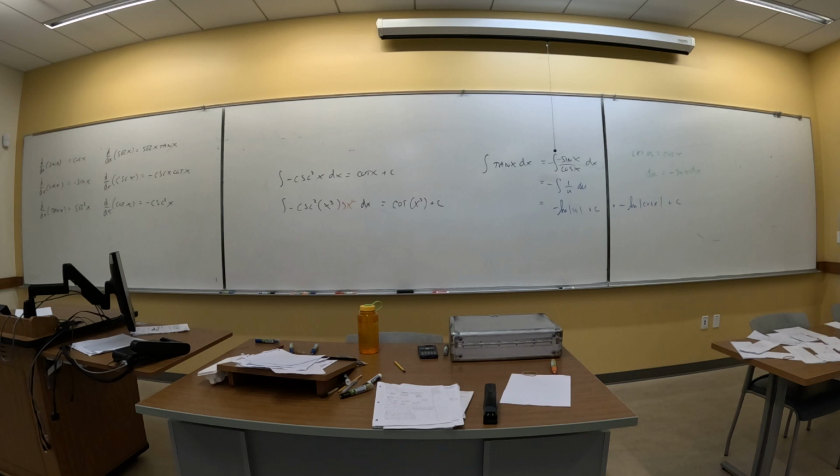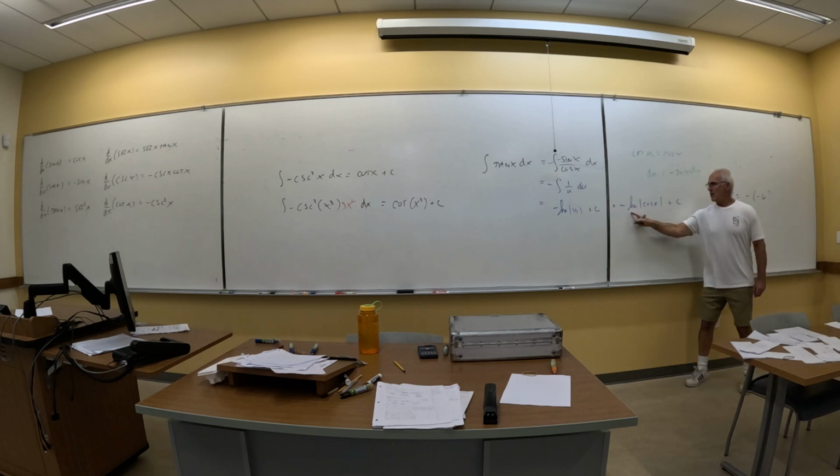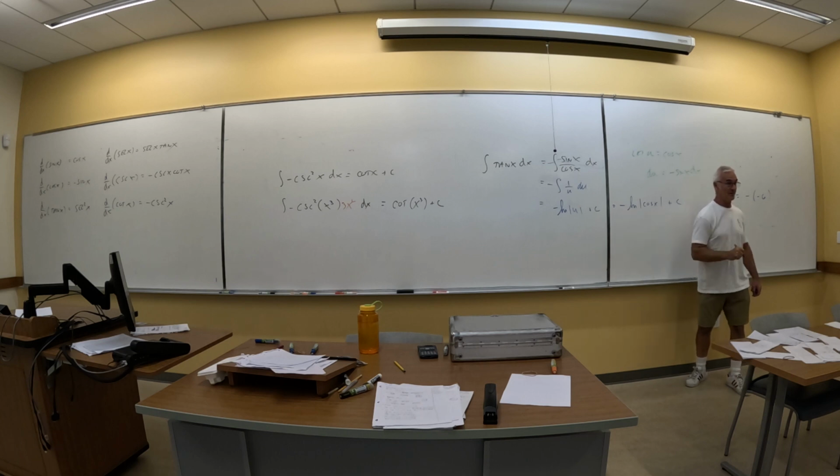Now, you're doing an algebra problem, and you got to the end of the problem and you said, and the answer is x equals the negative of negative 6. And let's say that's correct. Does anybody like that as an answer? You said I have the negative of a negative answer. The log of the absolute value of cosine is always negative. And I have a negative in front of it, which means I'm writing an answer as the negative of a negative number, which means that this is not a correct answer because it's not finished.